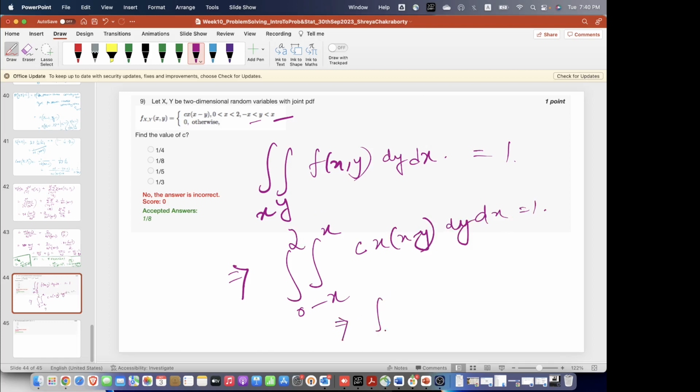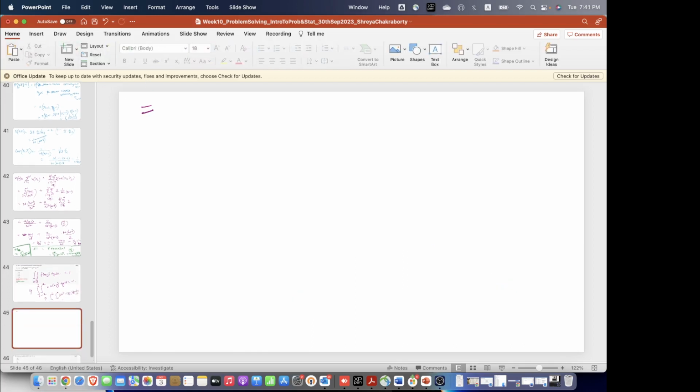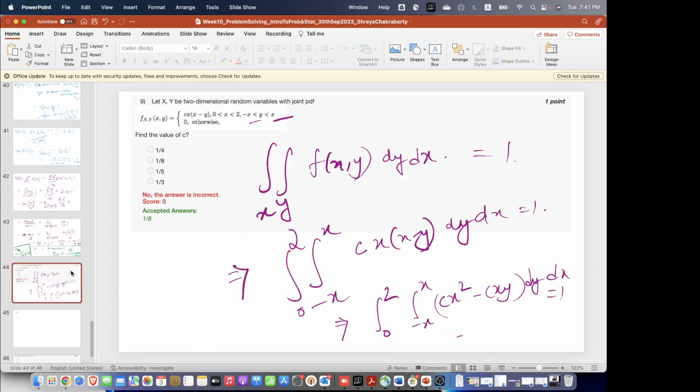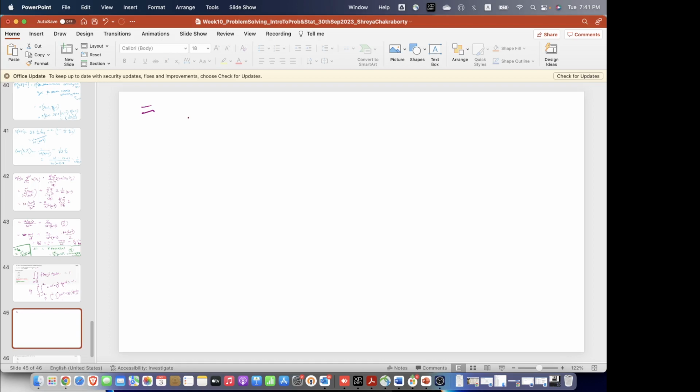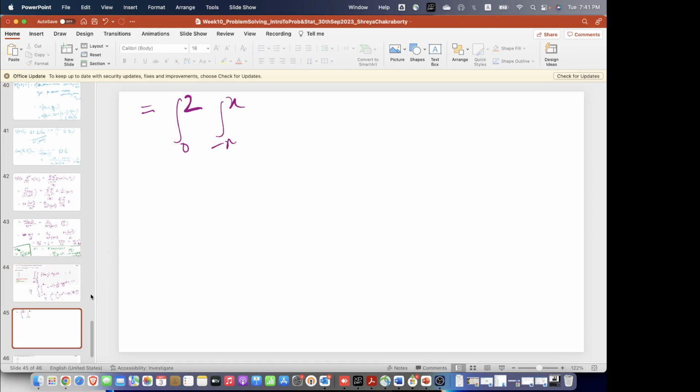This would be the integral from 0 to 2, and from minus x to x, of c x square minus c x y, dy dx, equal to 1.